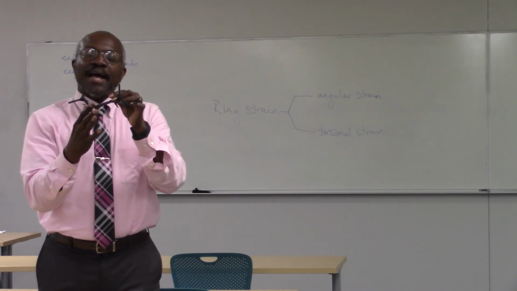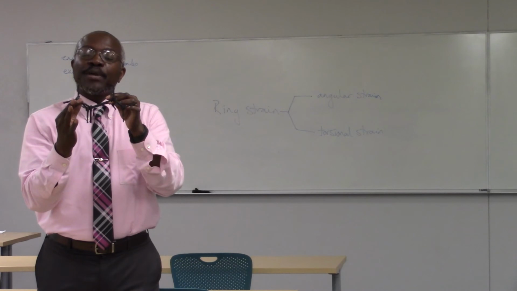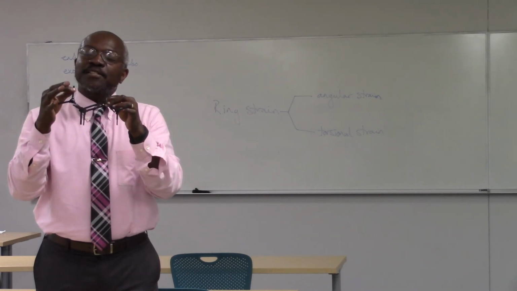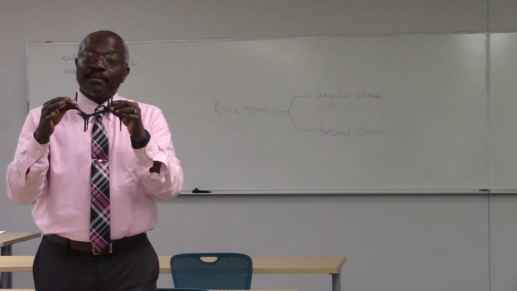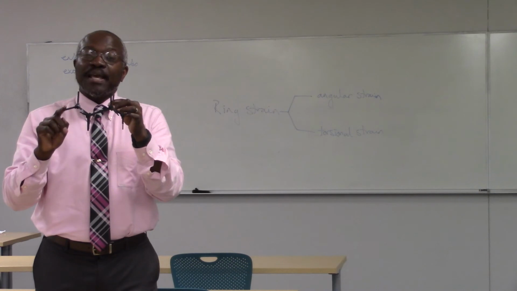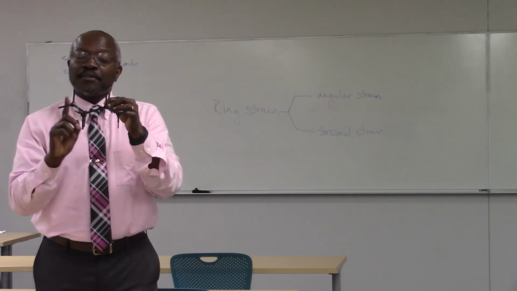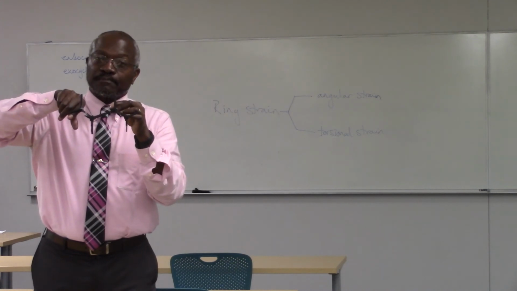If I look at the endocyclic bonds leading to this one, they're both going up. And so the axial goes up. Now, the bond angle, whether it's carbon-carbon-carbon or H-carbon-H, must be 109.5. So if my axial points up, my equatorial must point down.